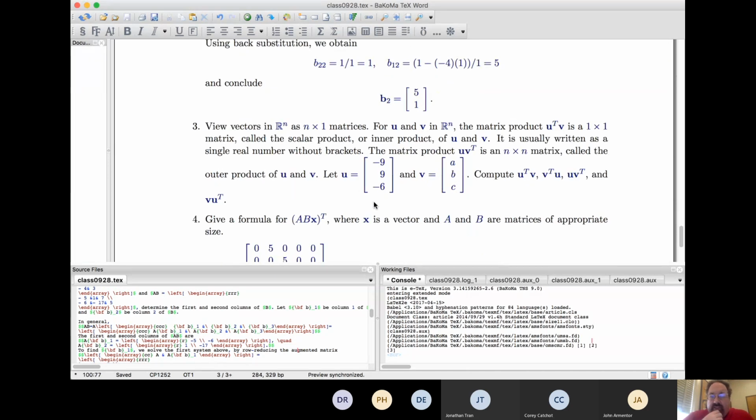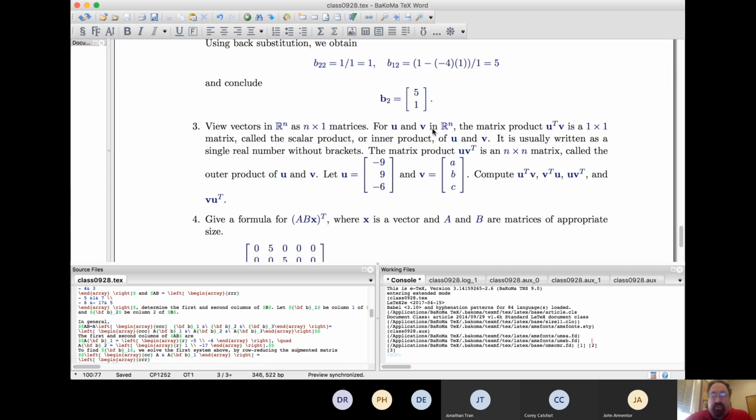Now this next problem deals with the transpose and some other terms that I defined earlier. As is customary, you think of vectors as matrices of one column. By default, vectors are considered column vectors because it makes things a lot more convenient to deal with them that way.